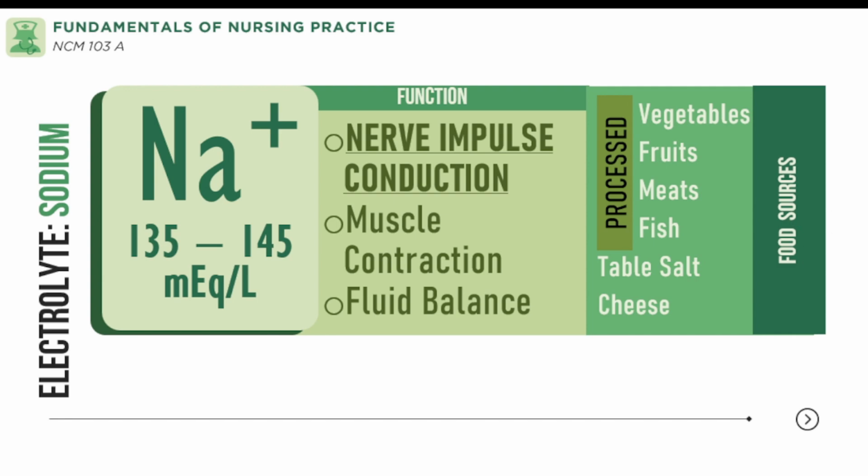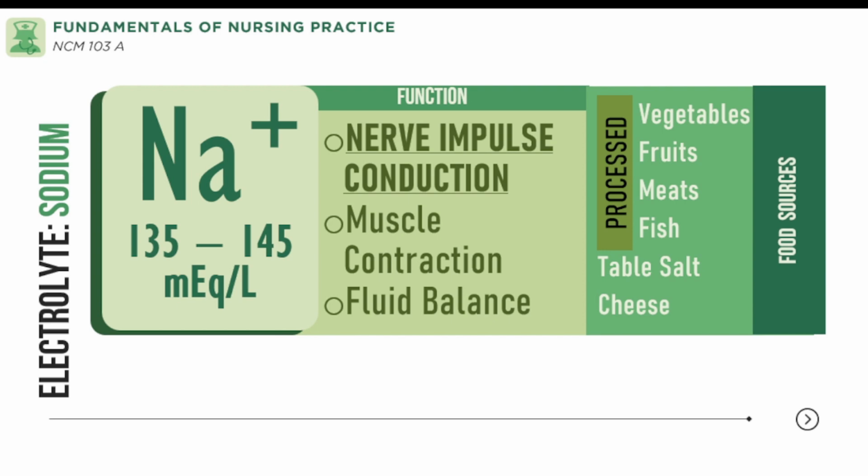Processed and packed foods such as your canned soups, processed meats like your bacon, ham, sausages, snack foods like your chips and your pretzels, and fast food are often high in sodium. So anything that is dried, canned, brined, or pickled are high in sodium food sources.